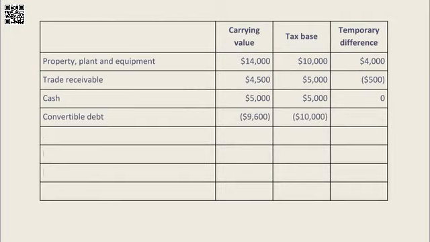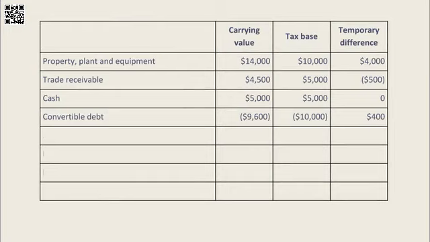On now to the convertible debt with a liability recorded in the financial statements of 9,600 and a tax base of 10,000. Here, split accounting has been applied to the compound instrument of 10,000, resulting in a liability component of 9,600 and an equity component of 400. The accounting carrying value of negative 9,600 less the tax base of negative 10,000 results in a chargeable temporary difference of 400.